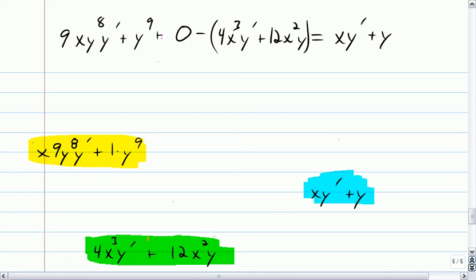Okay, now I'm gonna erase the 0 because it's not needed. What are we left with then? Plus or minus? If the 0 goes away, it'll be a minus.